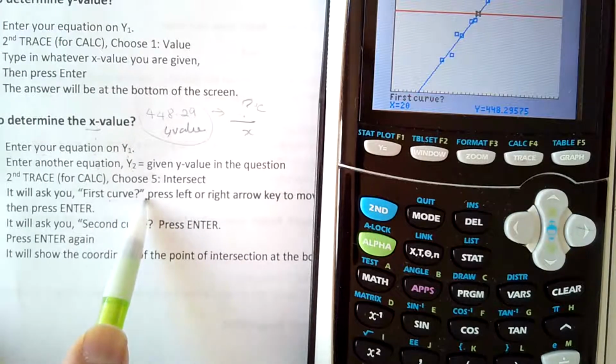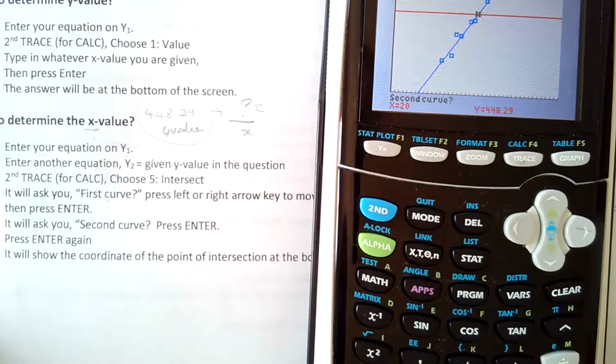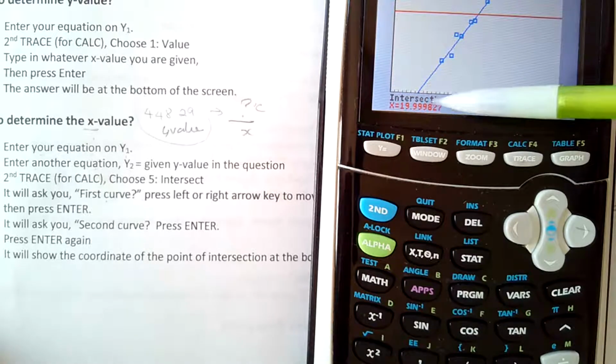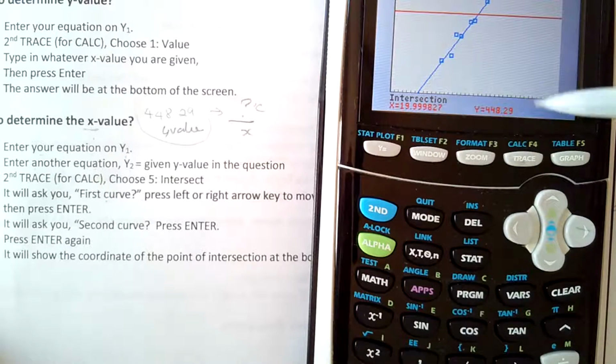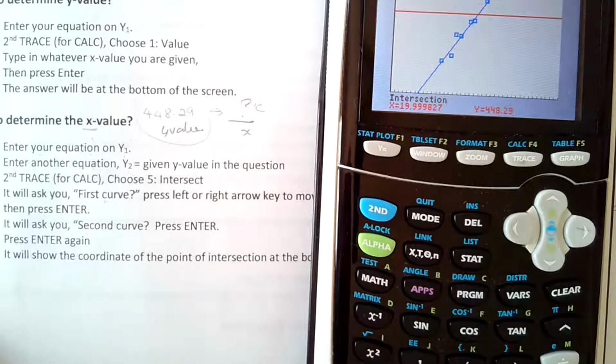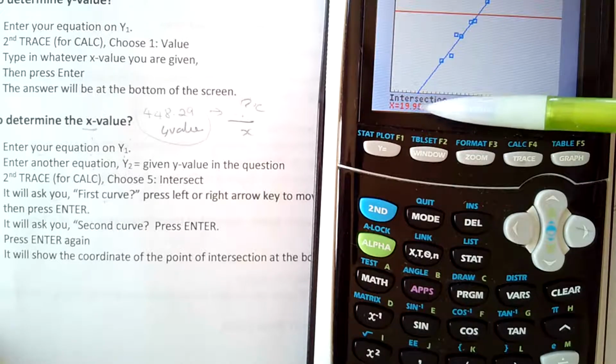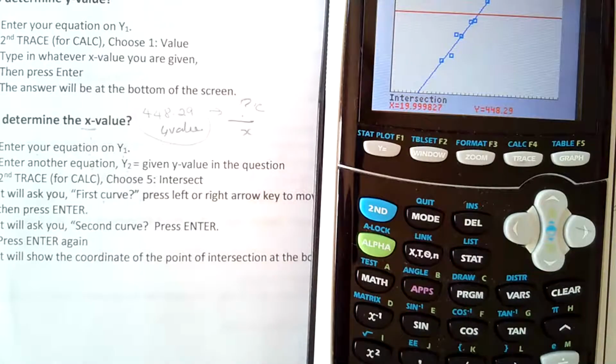You can press your left or right arrow, but just press enter 3 times. And that gives our value of 20 degrees at 448.29. It's almost 20 degrees. So this is my x. When the sales is 448.29, my temperature is 19.99, about 20 degrees Celsius.